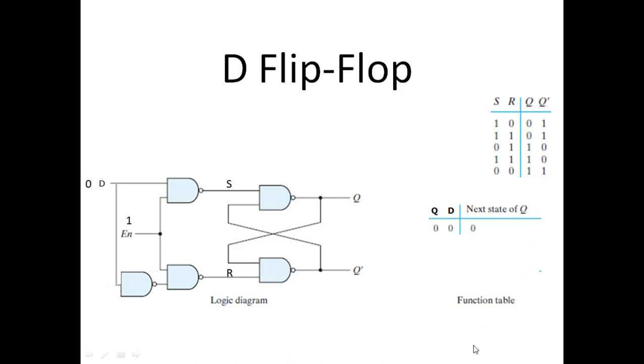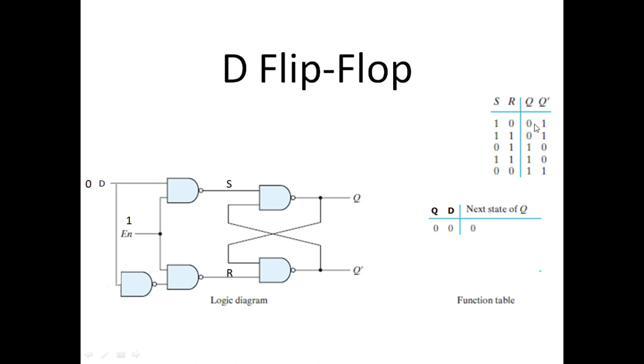So let's begin. When the D input is 0, 0 is provided here. Obviously, we get 1 here. When 0 is provided here, this NAND will make it 1, and when both of the inputs are 1, we get 0 here. So we get 1, 0 provided, so it will reset the flip-flop.